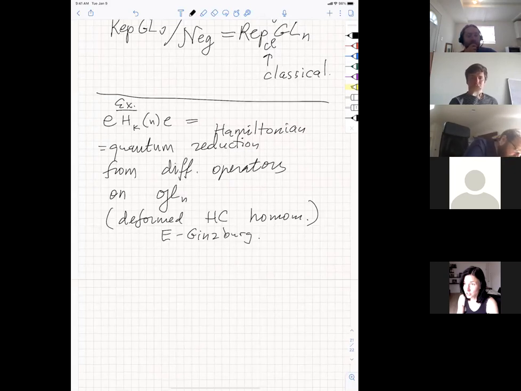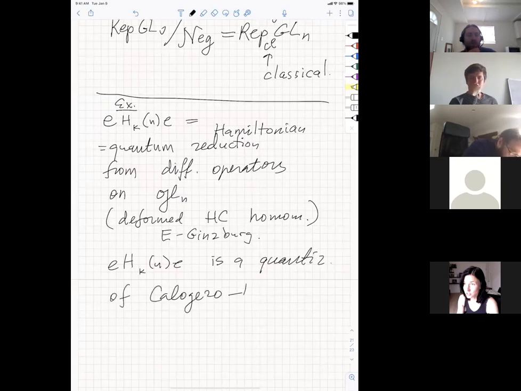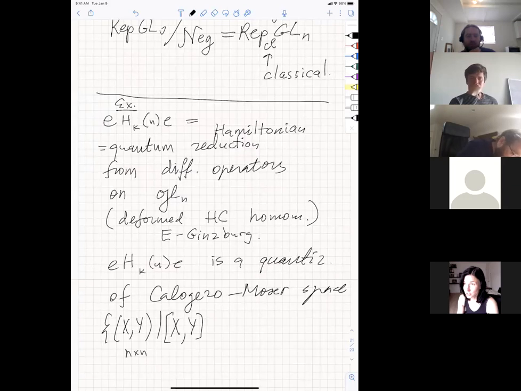This H_{1,k}(N) should be thought of as a quantization of the Calogero-Moser space. This is the space of pairs of matrices X and Y, which are n by n matrices, such that [X,Y] plus 1 has rank 1, and this is modulo GL_N.